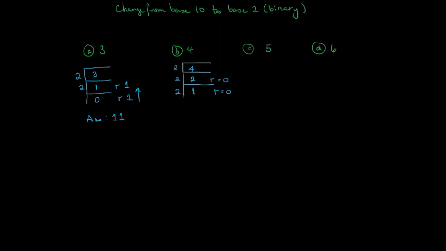And then we see here that 2 cannot go into 0, so we end up with a 0 down here. And so our remainder will come from here, equal to 1. So our answer for this would be 1, 0, 0. You could pause the video and try to do 5 and 6.